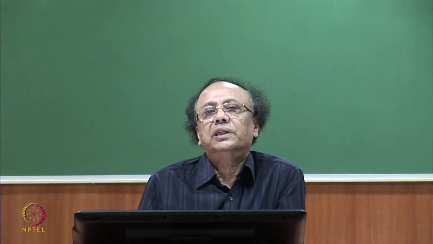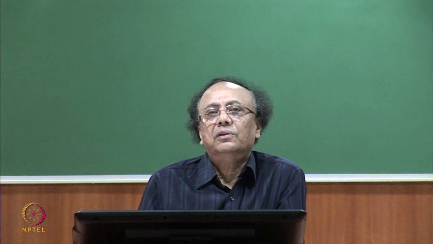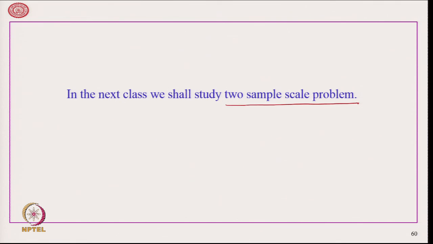Therefore, it is not enough to check the medians of the two samples, we should also check whether their dispersions are of the same nature or not, or whether we can accept that they have the same level of dispersion. The corresponding problem is called the two sample scale problem. In the next class, we shall start with this.